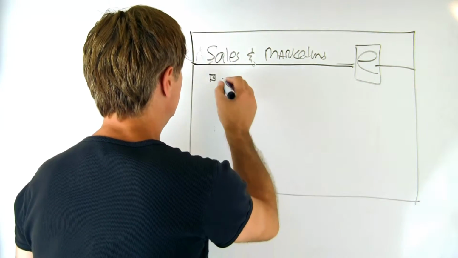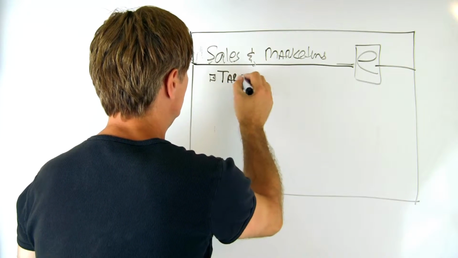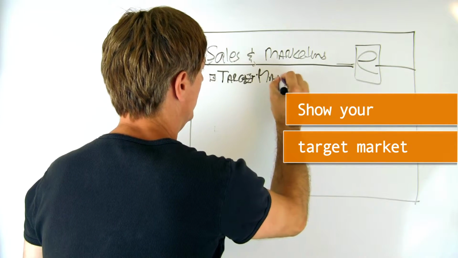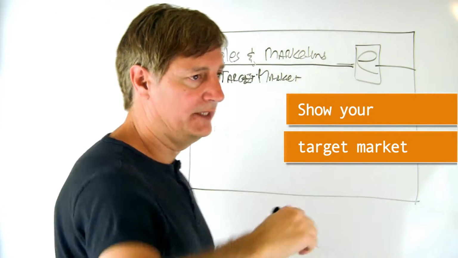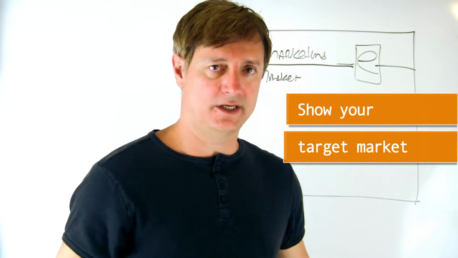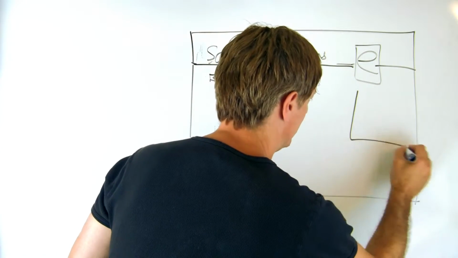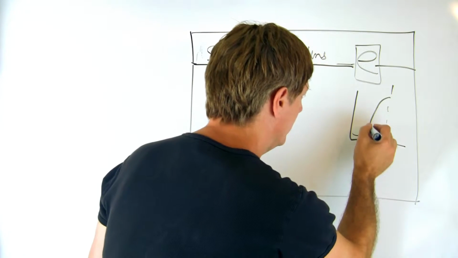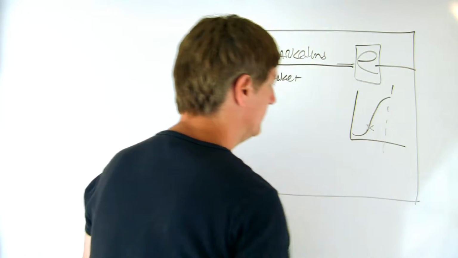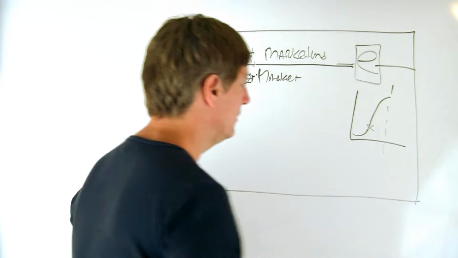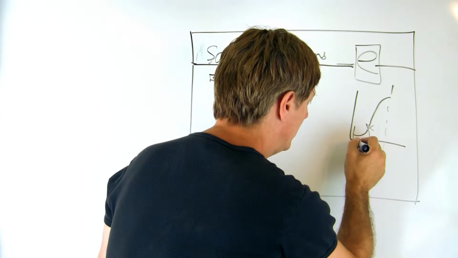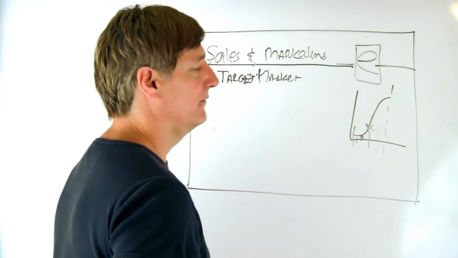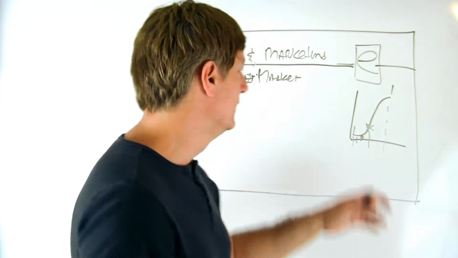And one of the other things you want to do, and I went a little backwards, is show your target market. This is going to vary to some extent depending on the life cycle of your market. If the life cycle of the market you're attacking is before the critical threshold point, as I call it, then you're going to be targeting innovators and early adopters, obviously first the innovators and then the adopters.